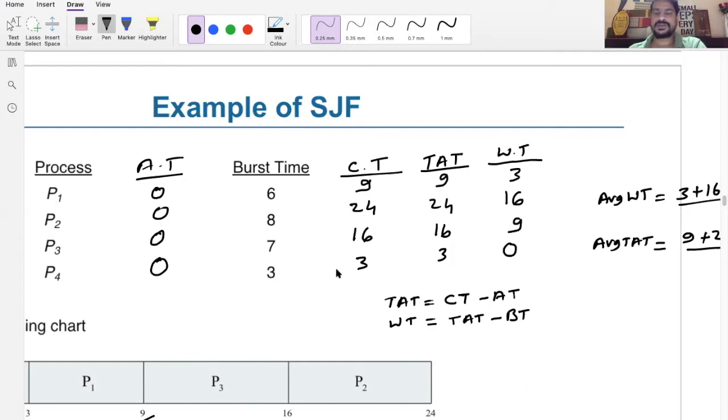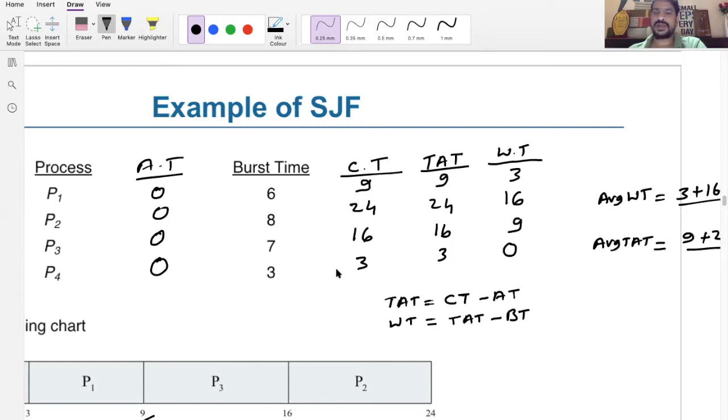Convoy effect is if a longer process comes before the shorter process, then the shorter process has to wait a bit longer. Let's say the burst time of the shorter process is 1 and the longer process burst time is 20.